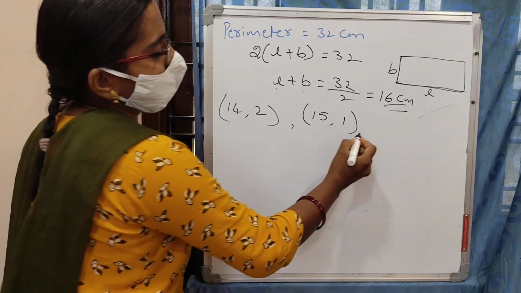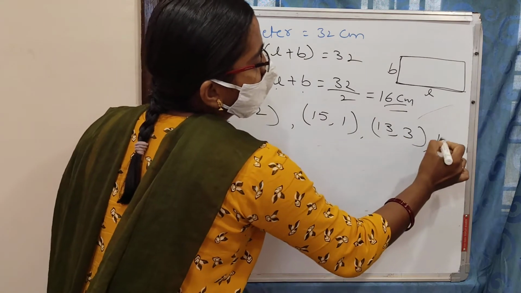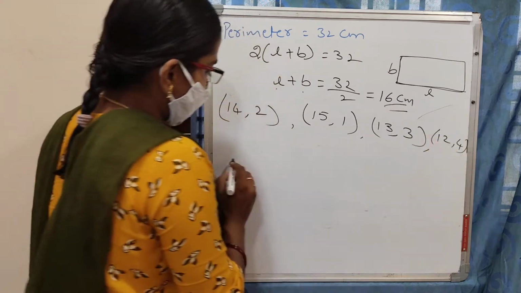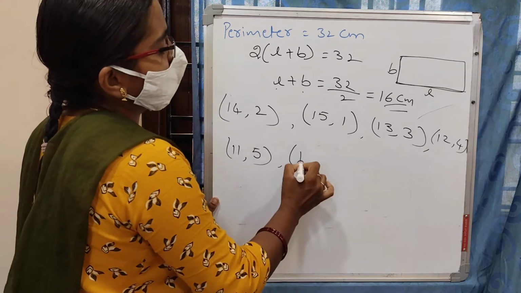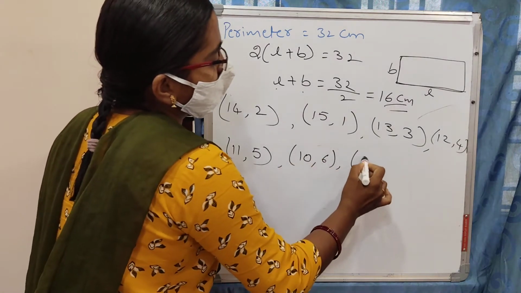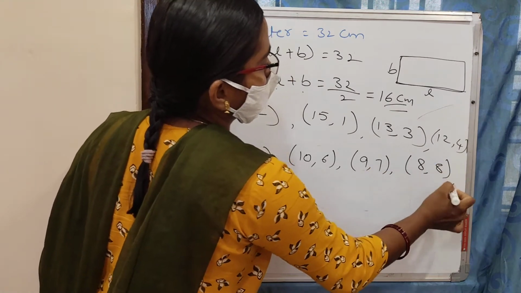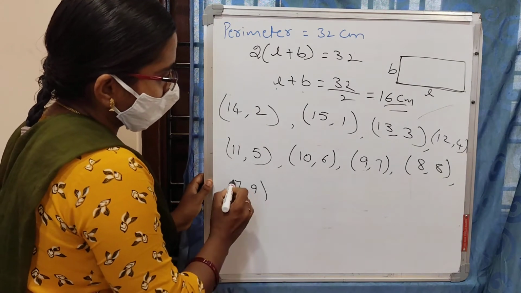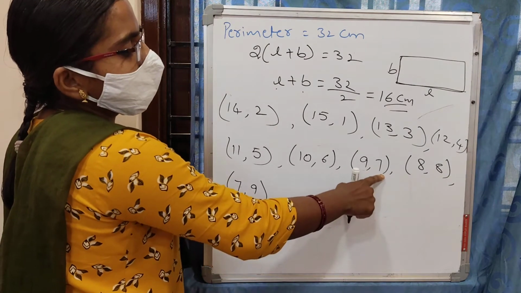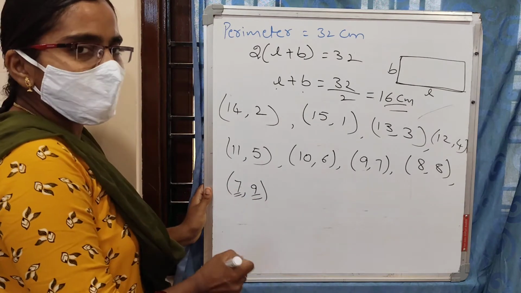That is also a rectangle. Otherwise 13, 3; 12, 4; 11, 5; 10, 6; 9, 7; 8, 8; then 7, 9, where length is 7 and breadth is 9.